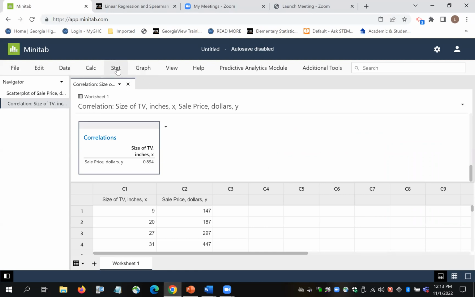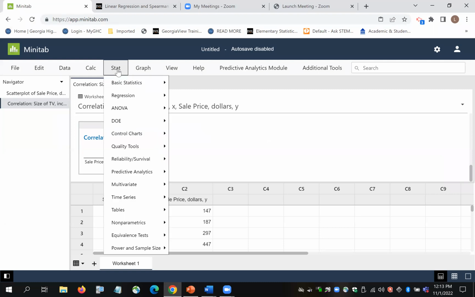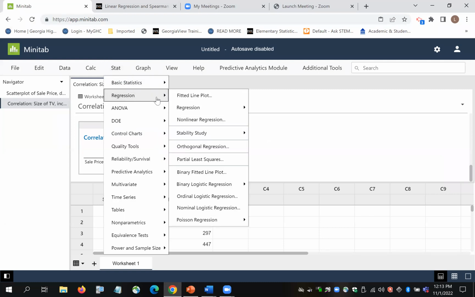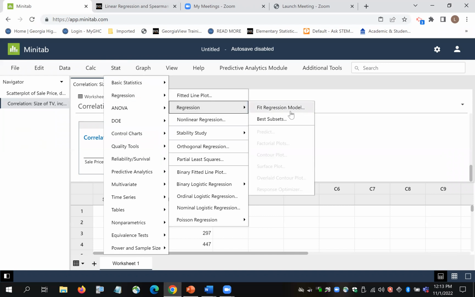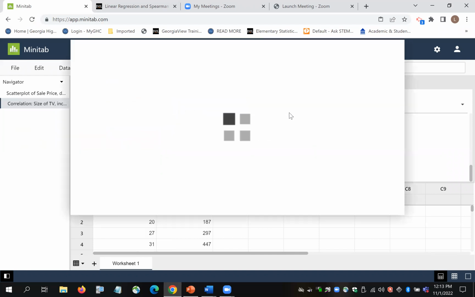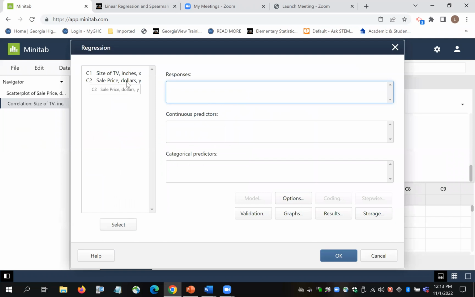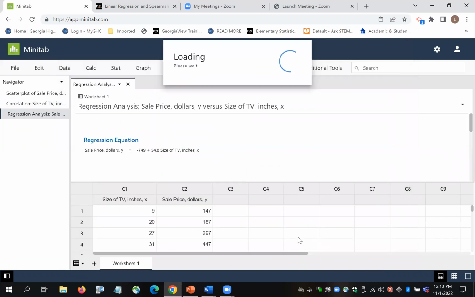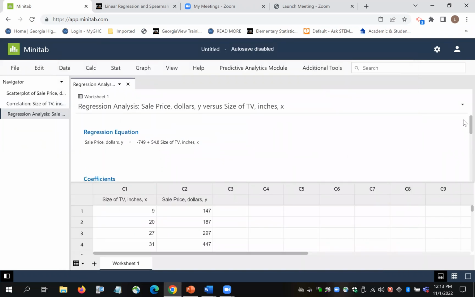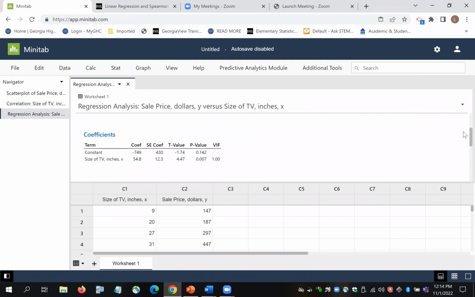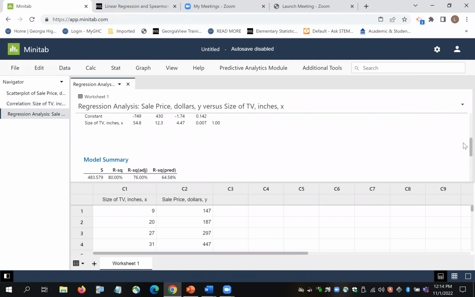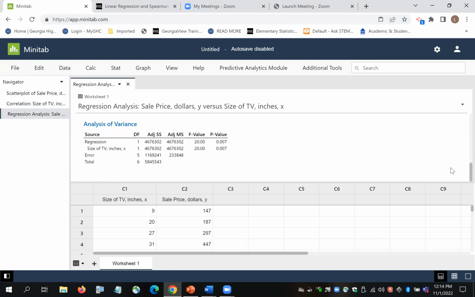So here's how we do it. Stat, Regression, Regression, Fit Regression Model. My response is Y. My continuous predictor is X. We tell it OK. Now, guys, we get lots of information. The piece I need is under the header Analysis of Variance.